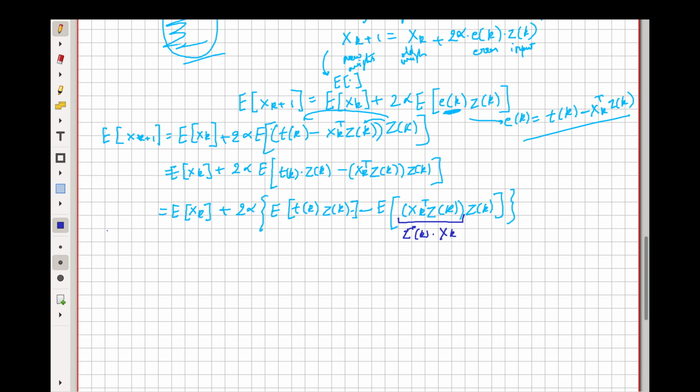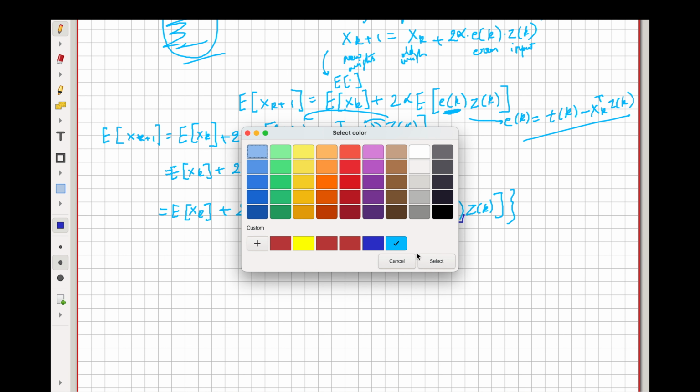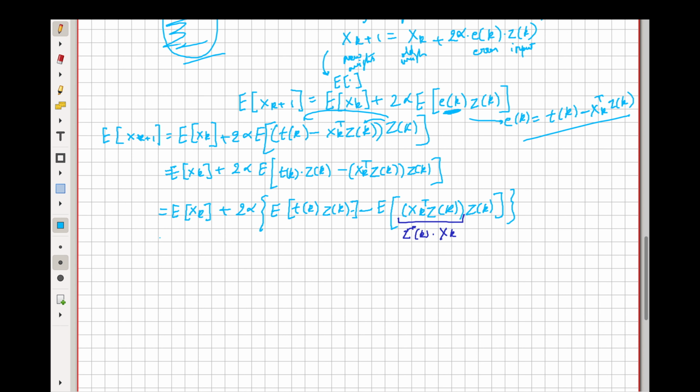With this, we can now rearrange what we have and write it out as E[x_k] plus 2 alpha E[t_k z_k] minus E, and this is where we swap these, so what we get is z_k z_k transpose, and we pull this x_k out.